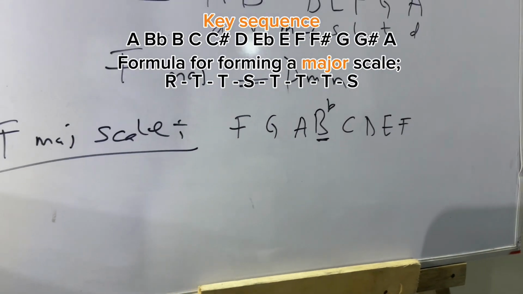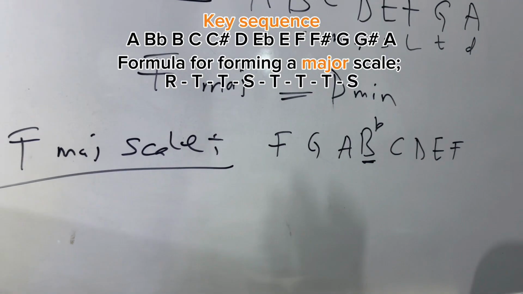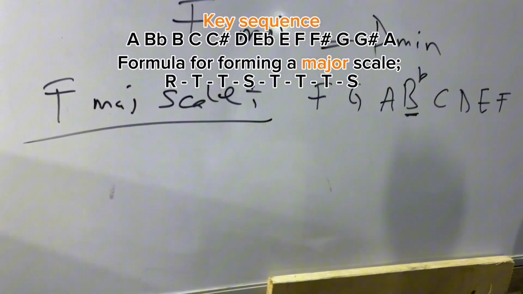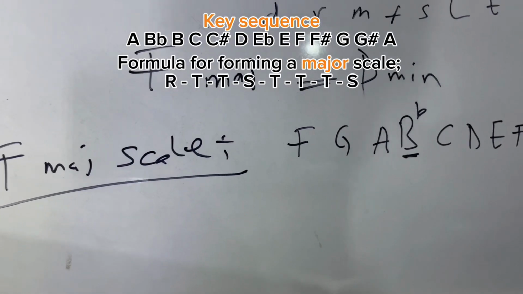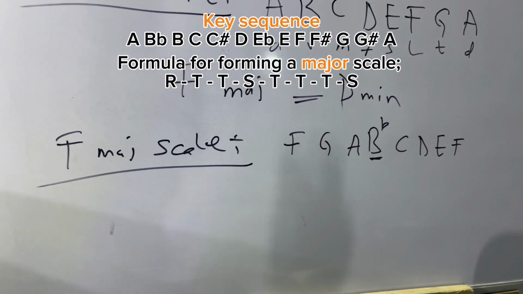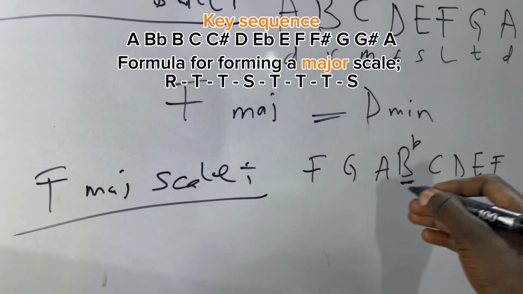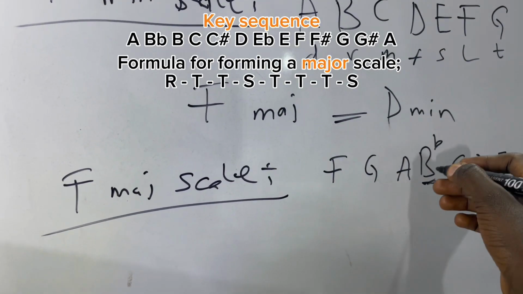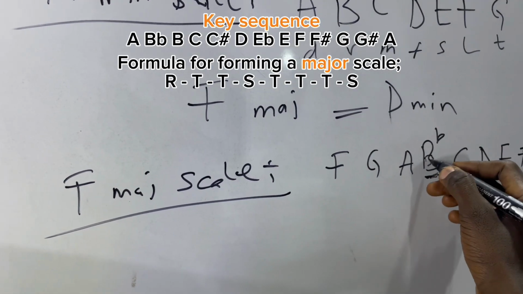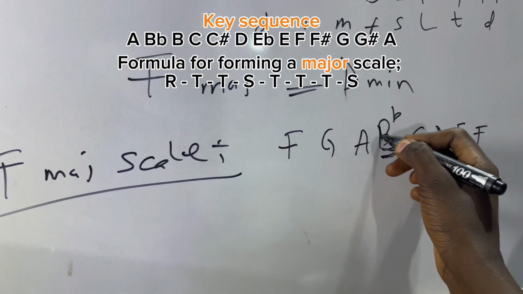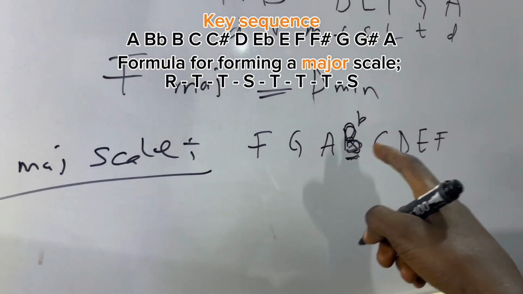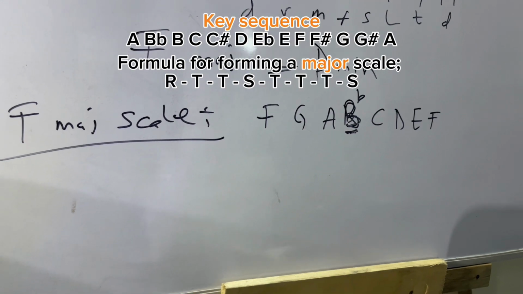When you are learning staff notation, you learn that it has only one flat in its key signature, the B flat. That B flat makes it the F major scale.